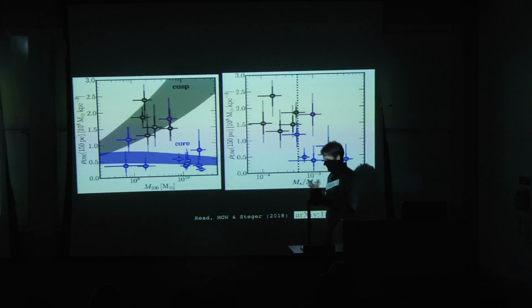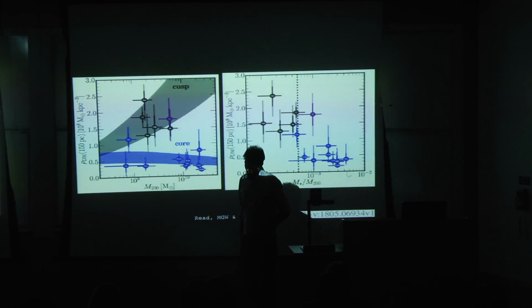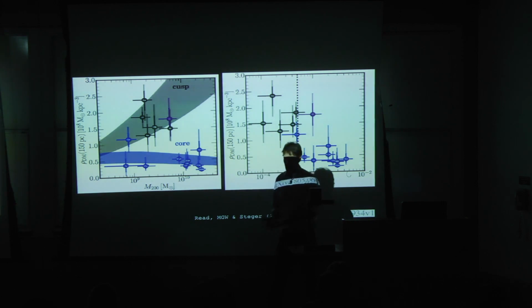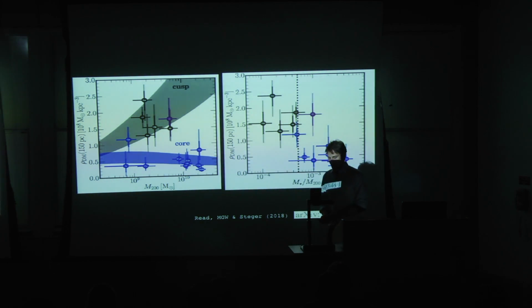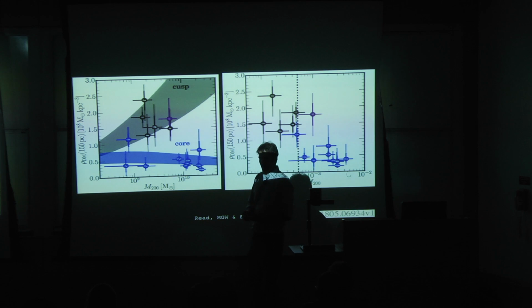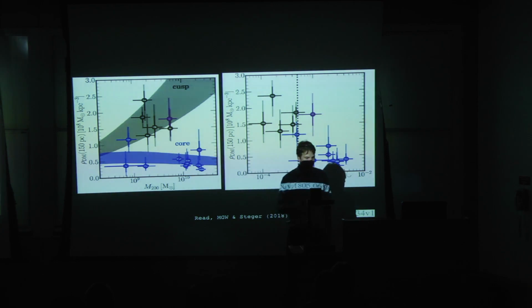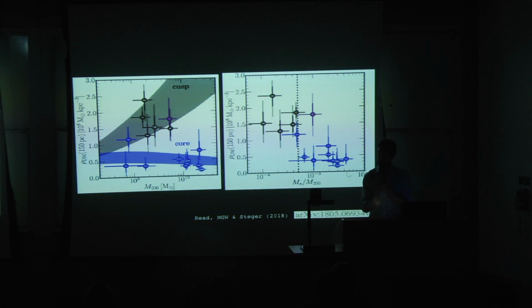There are a few programs being developed to look for these, what I'll call subgalactic dark matter halos. One of them involves looking for perturbations of arcs in strong lenses that would be due to subgalactic dark matter halos viewed in projection along the line of sight to the lens. That's becoming more sensitive down to the masses of dark matter halos that we're looking for here. So that's promising.